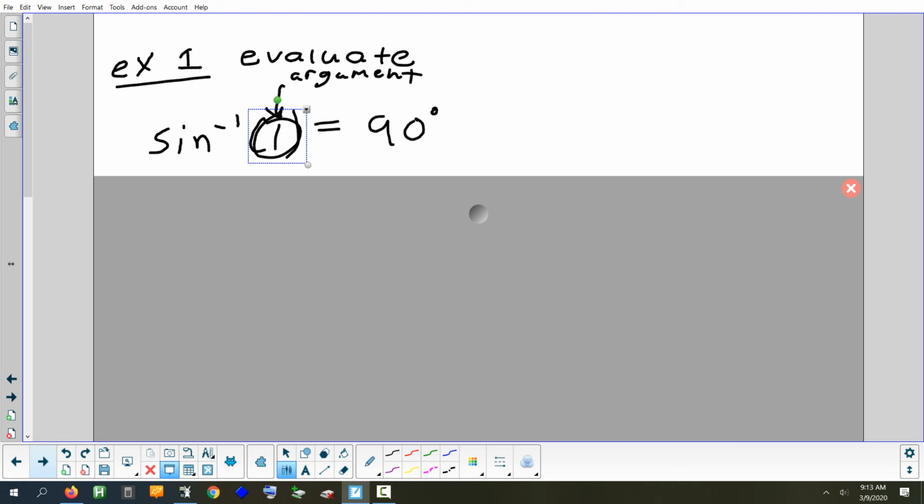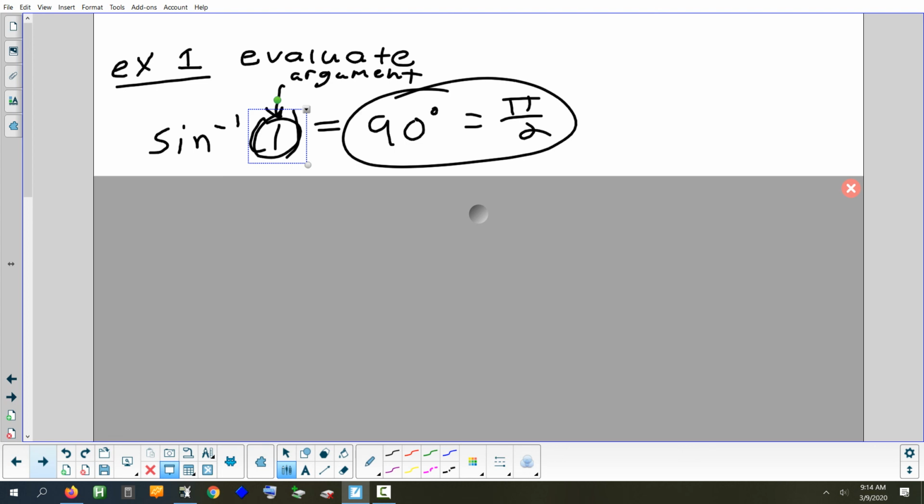So you could put 90 if they wanted degrees. Now, what if they wanted an answer in radians? What would you put instead of 90? Yep. Pi over 2. I'm not going to do every problem using both degrees and radians, but I'll start out doing a couple both ways, just so you can see.